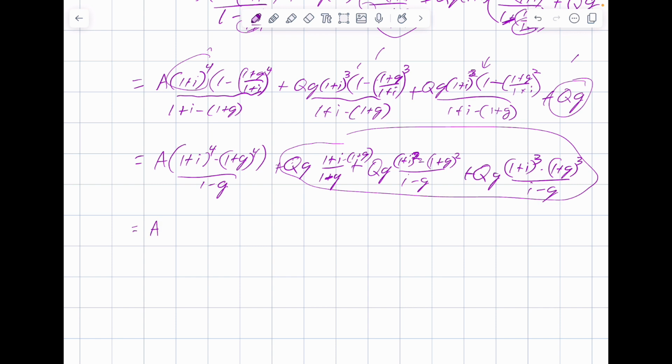So let's first, by writing that in summation form, we'll carry this term down to the 4th minus 1 plus g to the 4th over I minus g plus the summation of k equals 1 to 3 of qg over I minus g, and this r term will become 1 plus I to the k minus 1 plus g to the k.